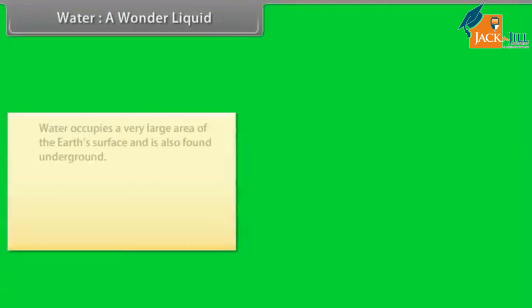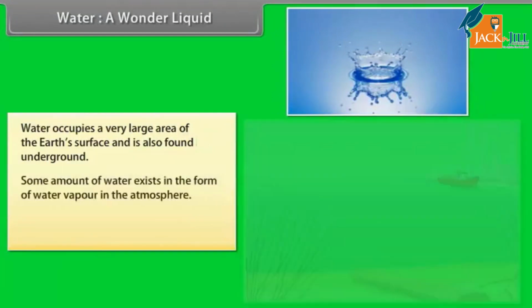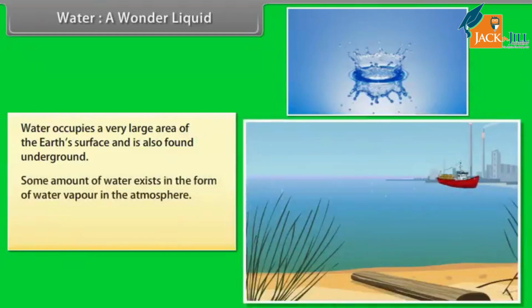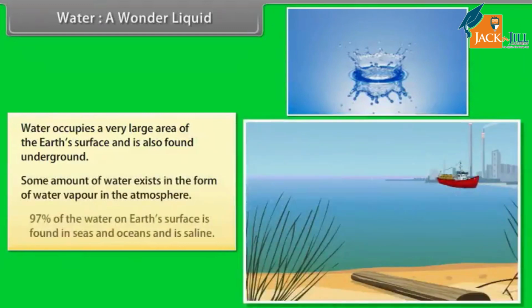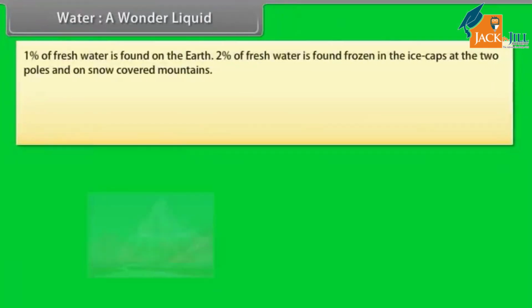Water, a wonderful liquid. Water occupies a very large area of the Earth's surface and is also found underground. Some amount of water exists in the form of water vapor in the atmosphere. 97% of the water on Earth's surface is found in seas and oceans and is saline. 1% of fresh water is found on the earth. 2% of fresh water is found frozen in the ice caps at the two poles and on snow-covered mountains.